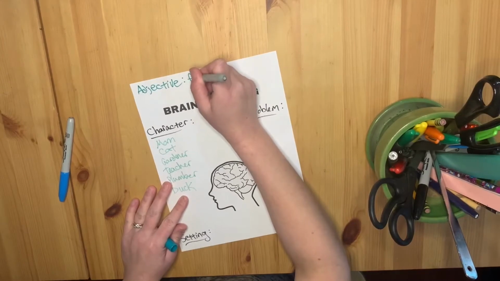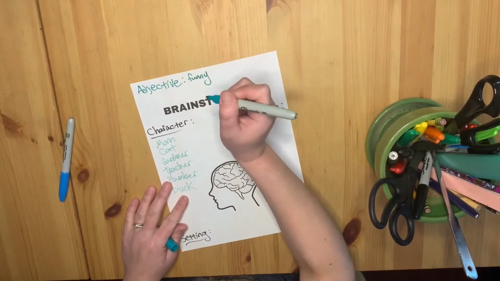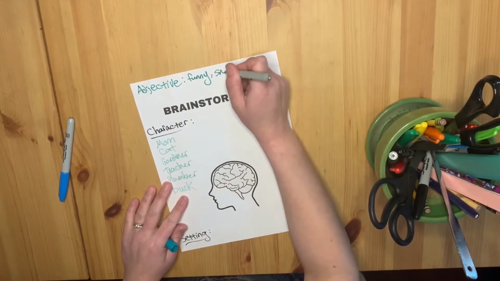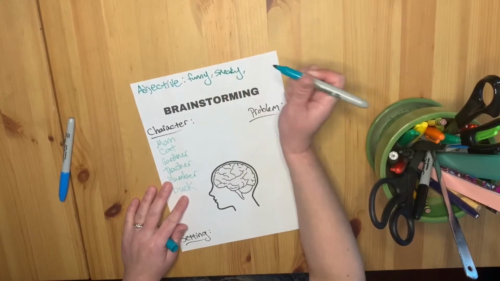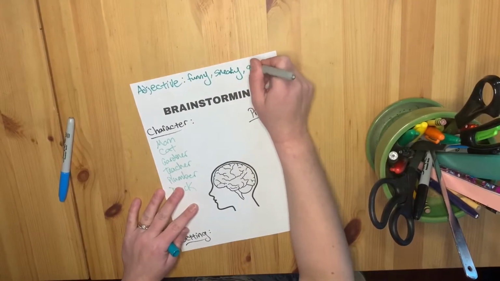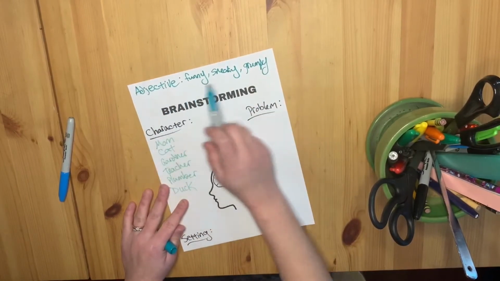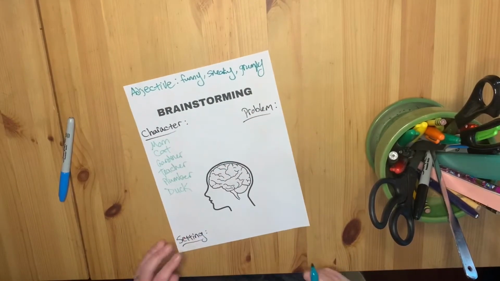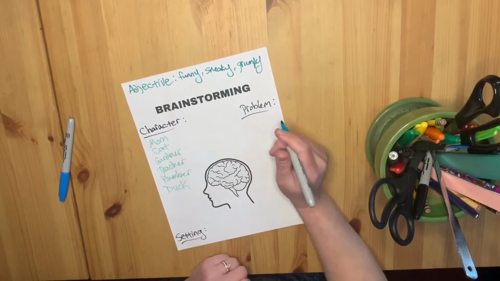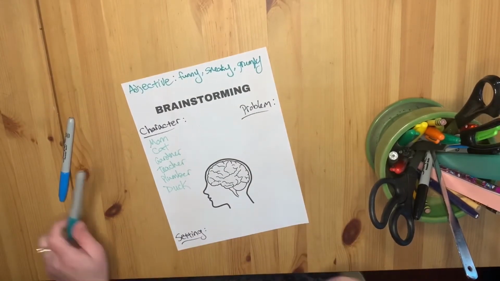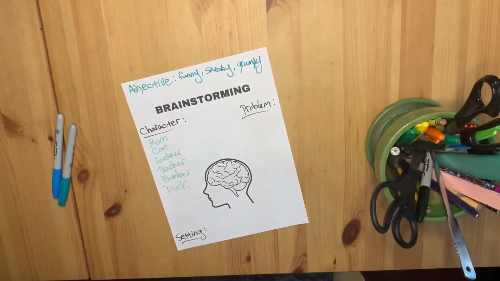That's a good one. Sneaky, okay. Grumpy, sure. So you would keep going like this, and you would discover all kinds of adjectives, all kinds of characters, and then we'll come up with a few problems that can help you get your creative juices flowing.